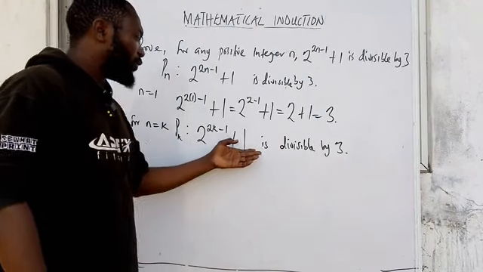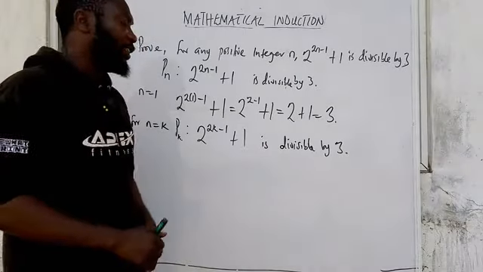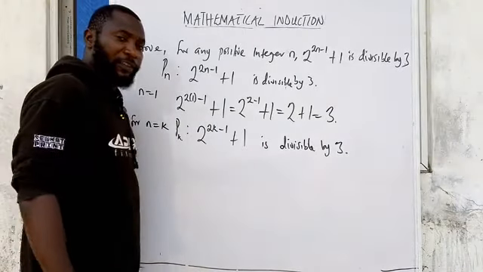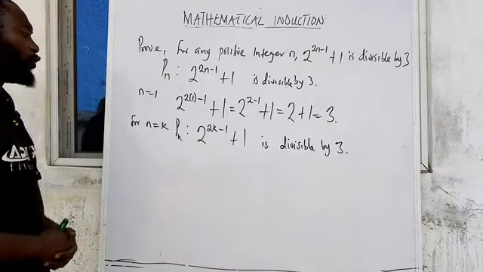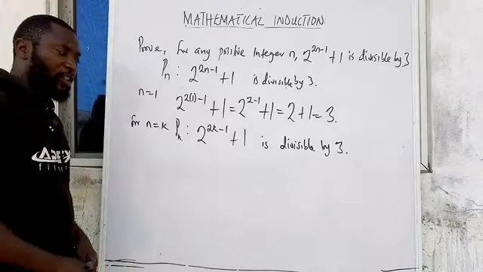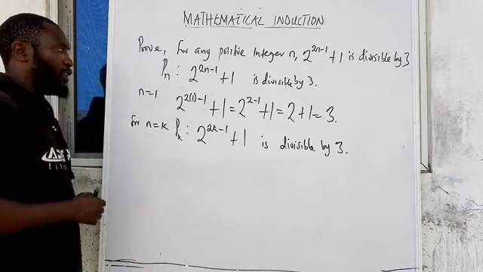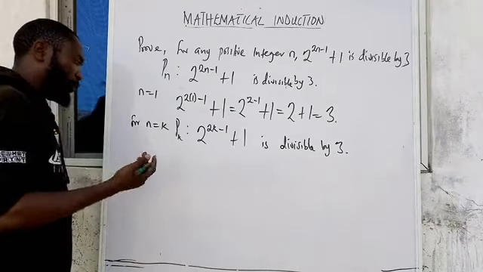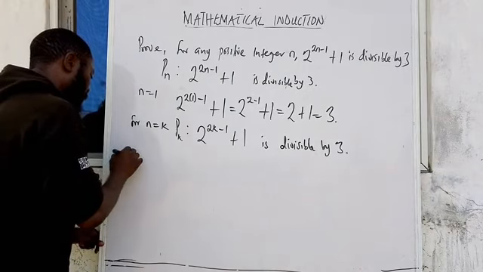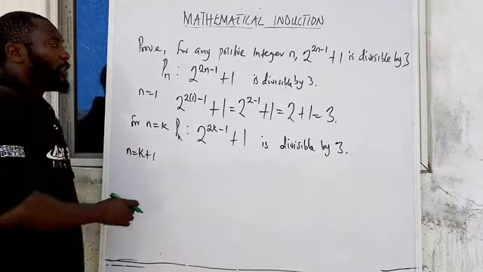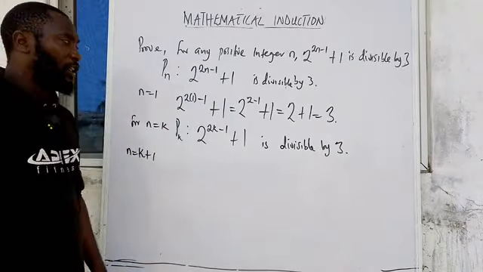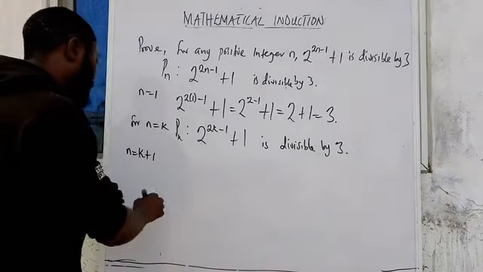Now, since we assume this is divisible by 3, it means this one is a multiple of 3, right? Now let's prove for n equals k plus 1. Go back to the question and put k plus 1 wherever we see n.